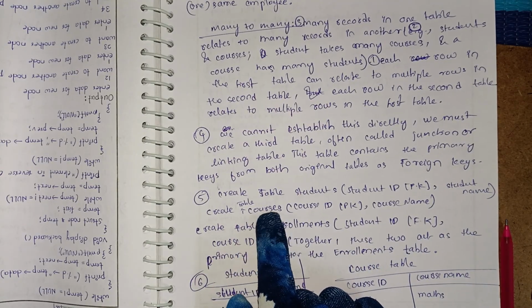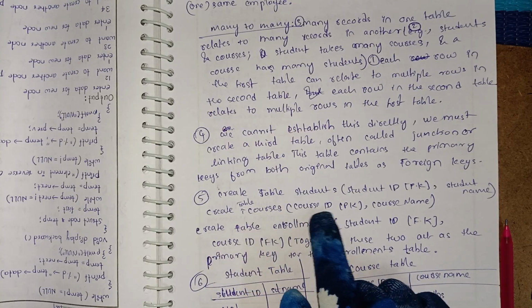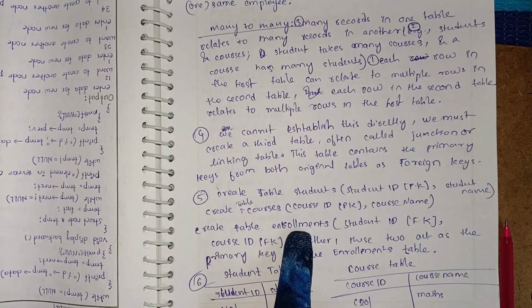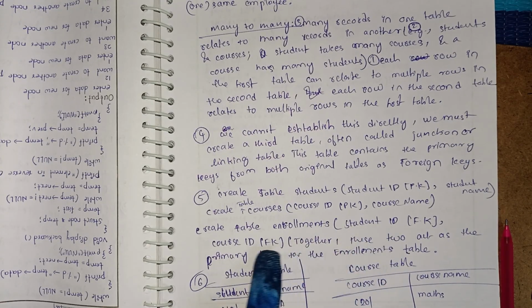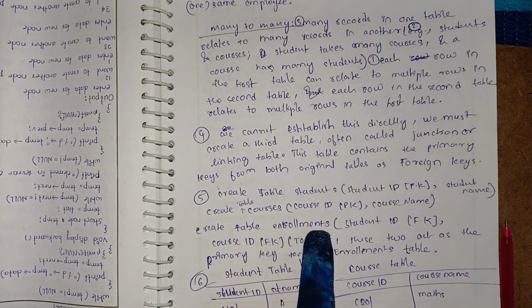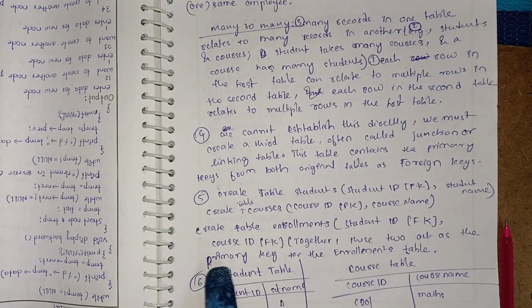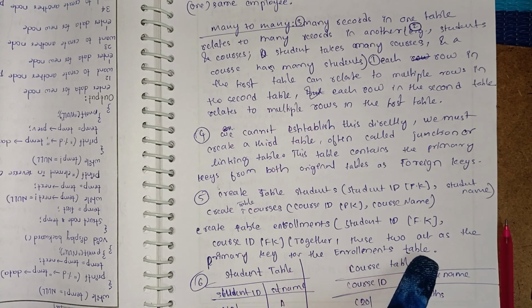Create table courses, with course ID and course name. And enrollment, with student ID and course ID, both as columns. Together these two act as the primary key for the enrollments table.